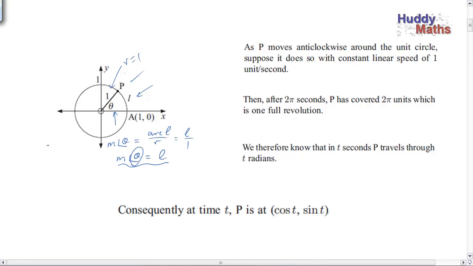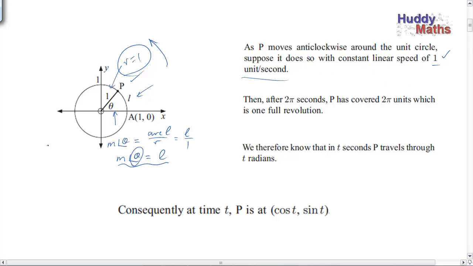That's going to be important now, that connection. The unit circle makes everything a lot simpler to look at. And then we're going to, in this presentation, expand upon that. So have a look. So here we go. As P moves anti-clockwise, so we always go this way around the unit circle, suppose it does so with a constant linear speed of 1 unit per second.